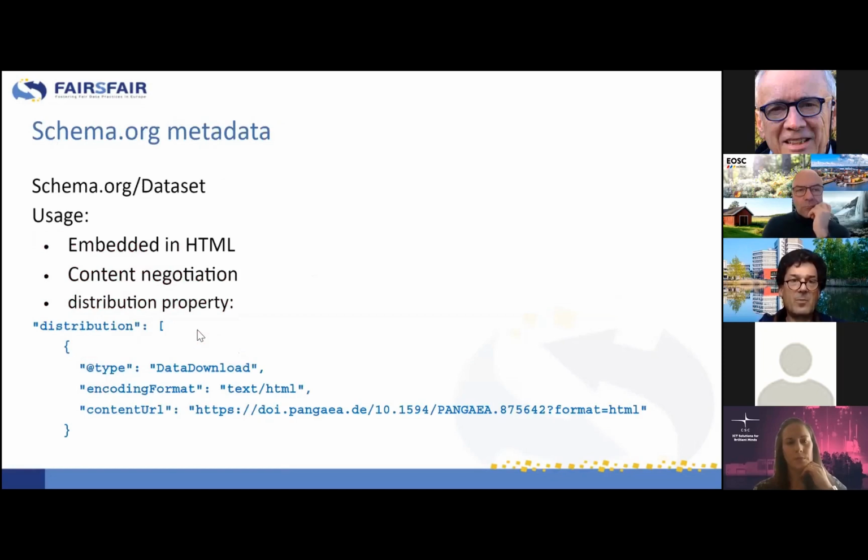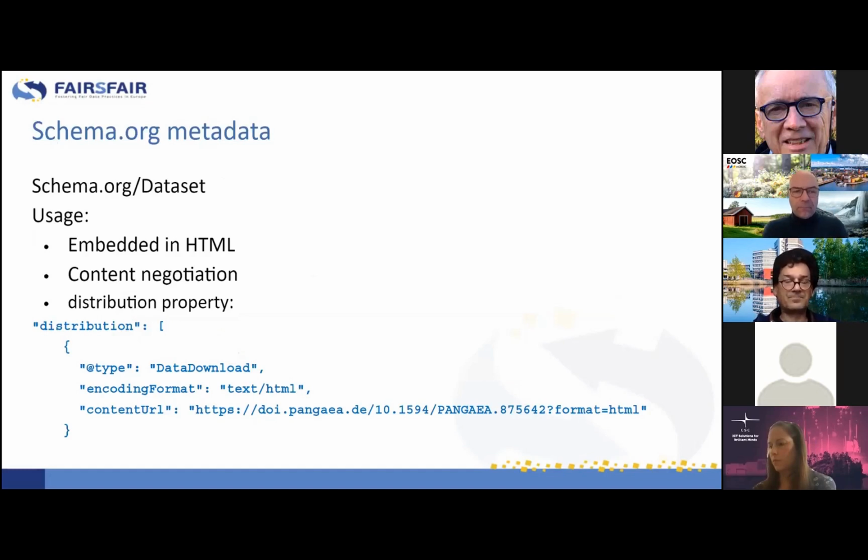A very popular and emerging way to express metadata now, which is appropriate for two purposes, for search engine optimization, as well as to expose metadata for the research community, is schema.org.